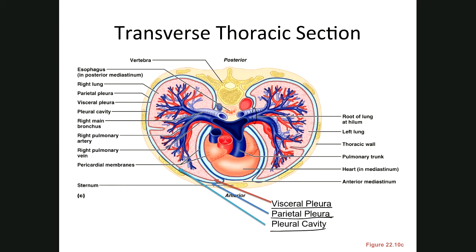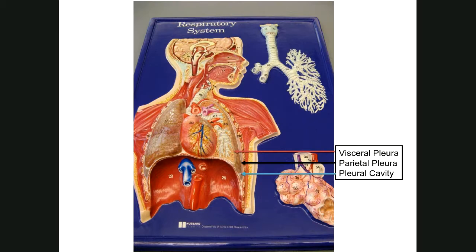We can also sort of see it on this model. If you look here, the lung looks spongy. And if I blow it up, you'll be able to see it better. But over here, it looks shiny. So the shiny part is not the lung. It's these membranes.